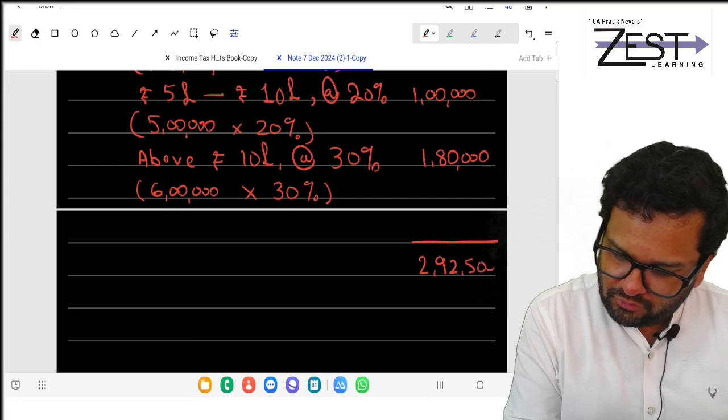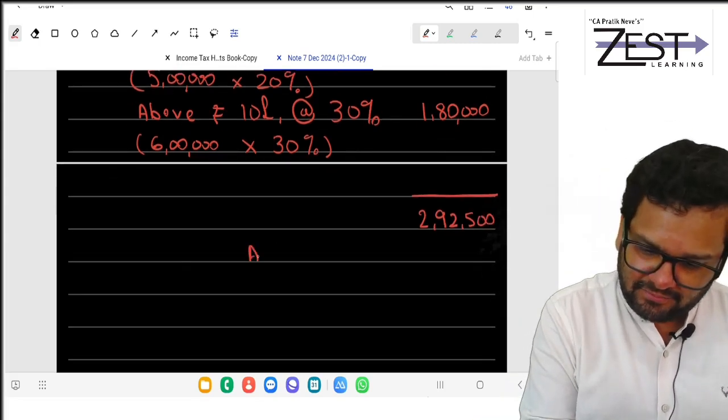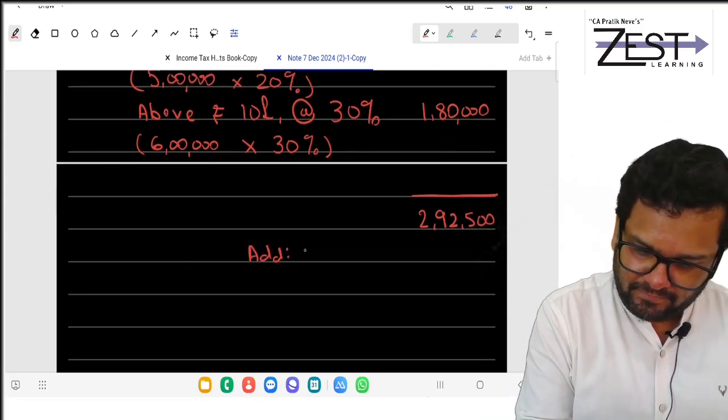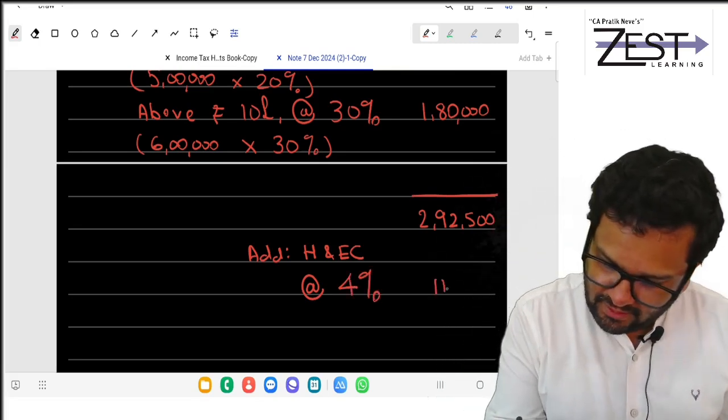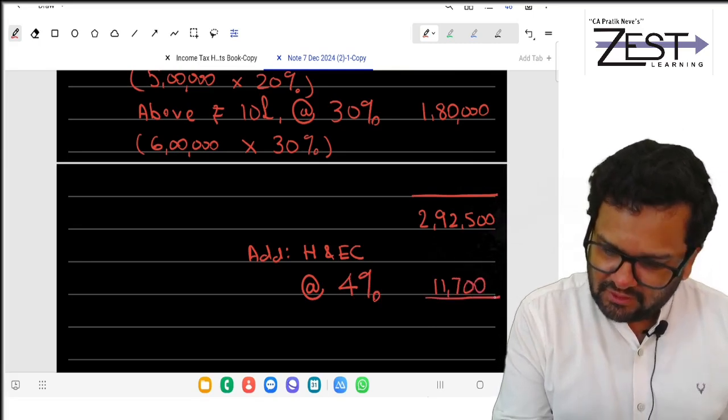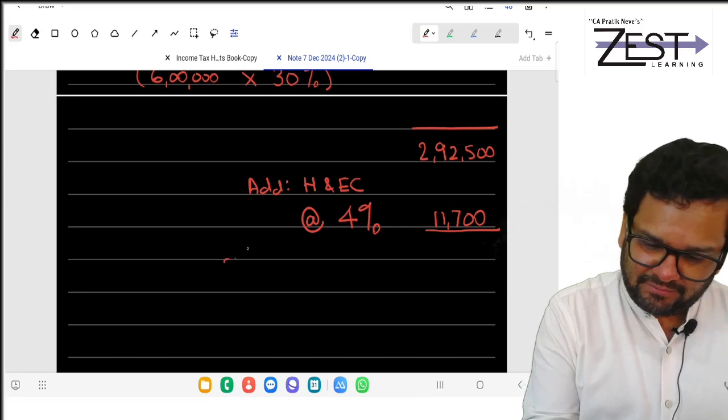Can you take the total? 2,92,500. Add health and education cess at 4%: 11,700. So finally, what is your tax liability?